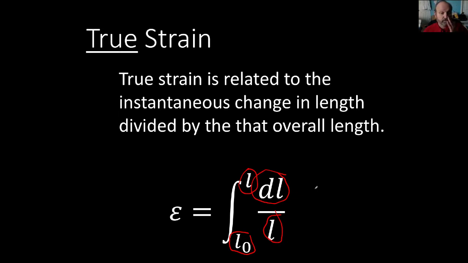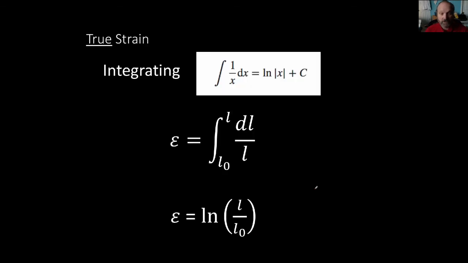So if you remember from calculus, the result of this integral is given here. All right, so you take the integral of 1 over x dx, it equals the natural log of x, plus a constant. Well, if you put in the constant, that's your L naught.